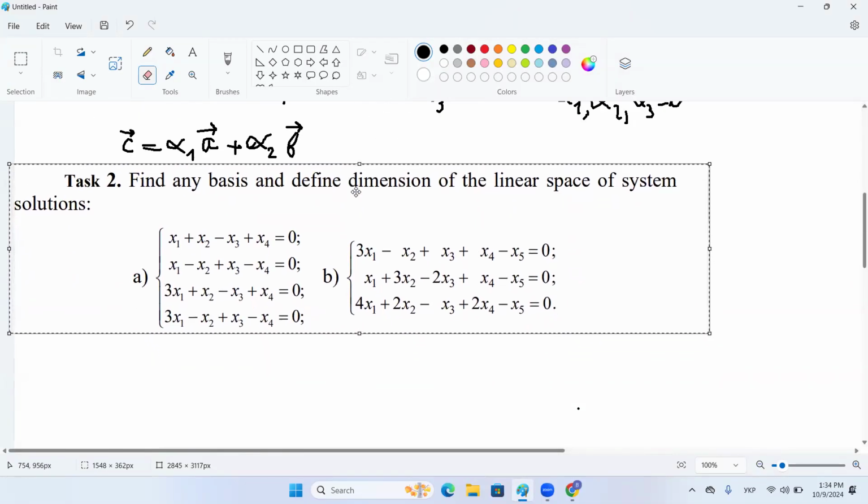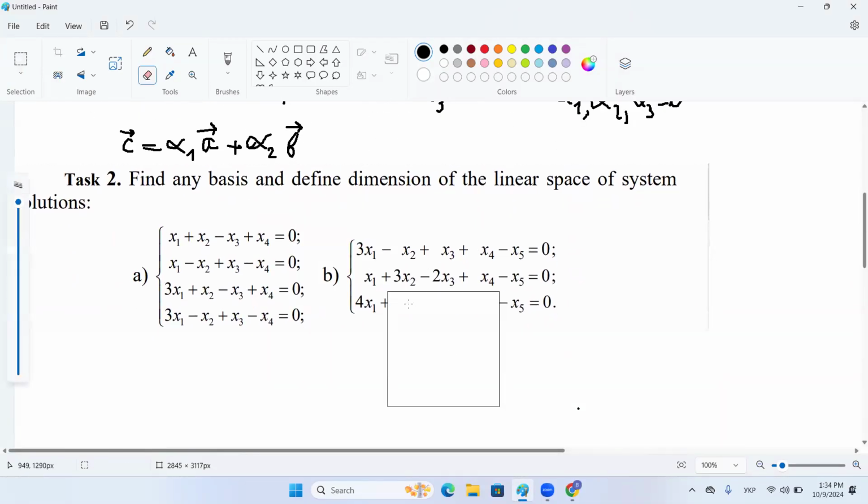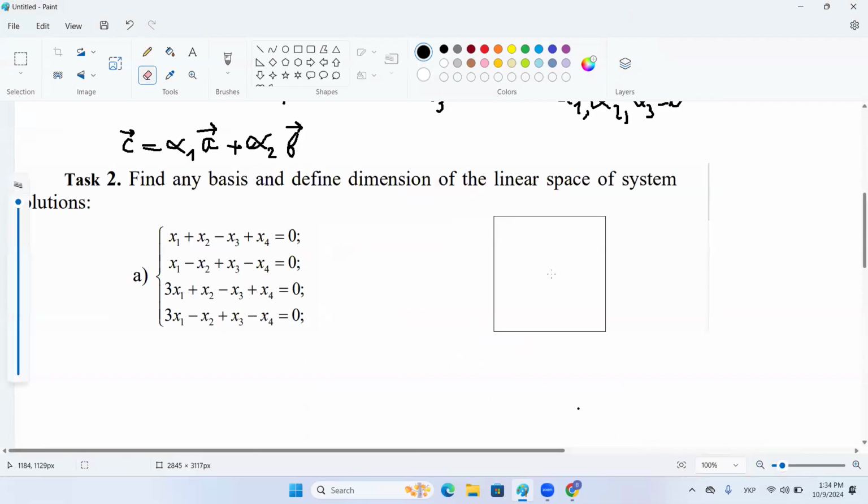Let me move it here, and I will erase part B because now we will solve part A, and maybe anybody knows how to solve it. Find a basis and define the dimension of the linear space of solutions of this system.